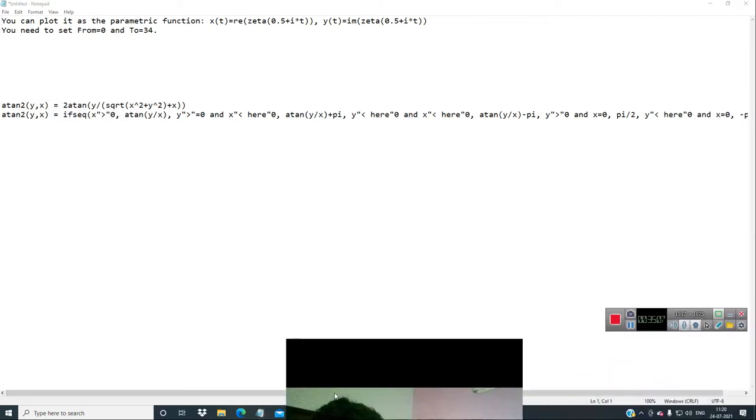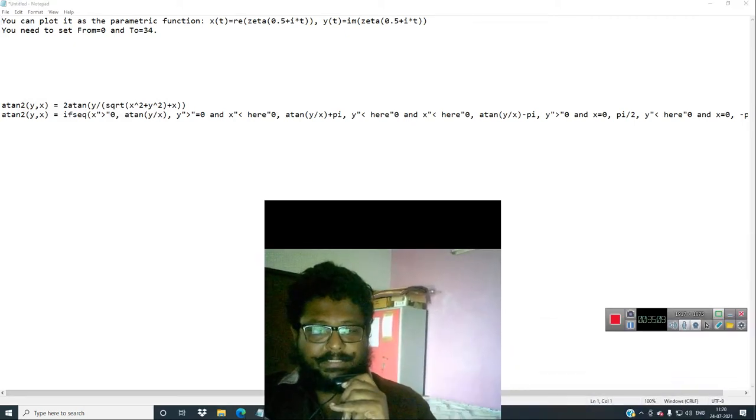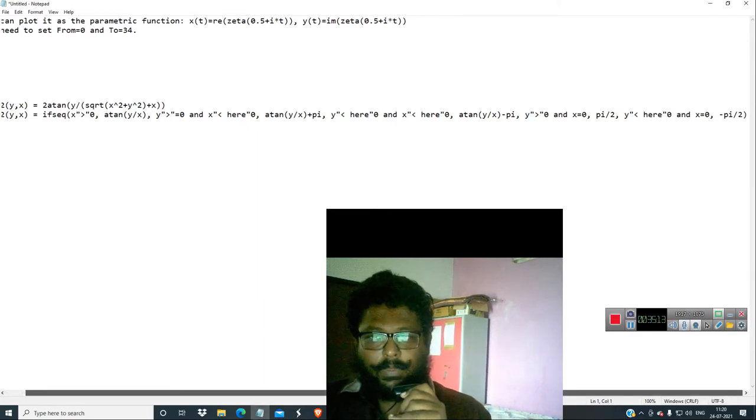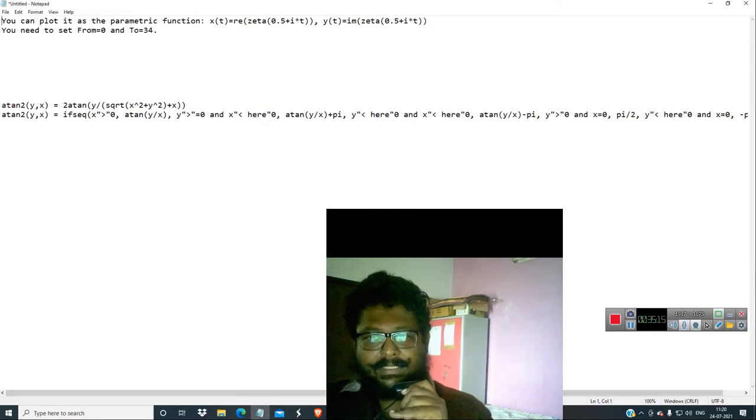So you just have to make an if sequence, and in that if sequence you have to plot it in this manner. Okay, this is the if sequence, and atan2 will be of this format of x and y. But in the Riemann zeta function, I'm just going to copy this. I'm not going to mess with all those very big equations.